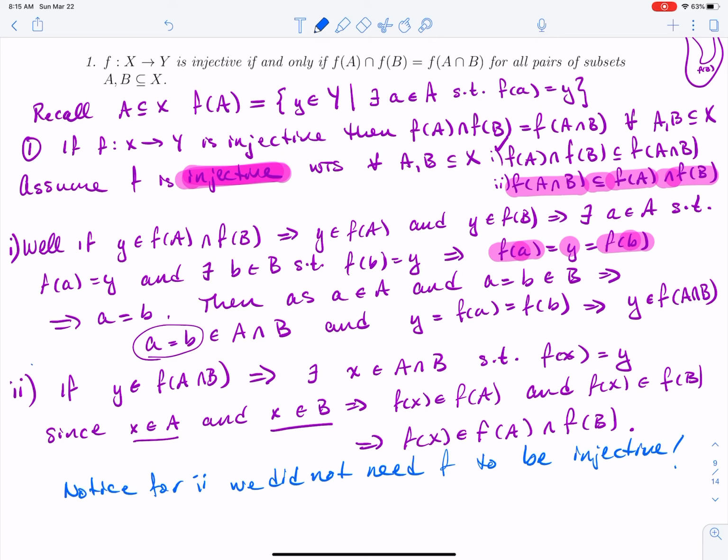Okay, so part 2 always holds, and part 1 is the part that only holds with injectivity.